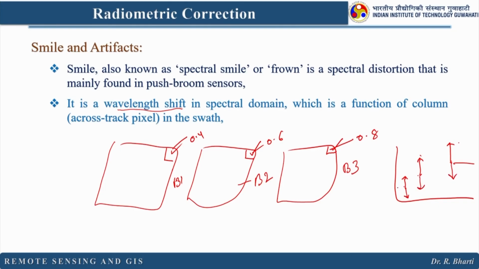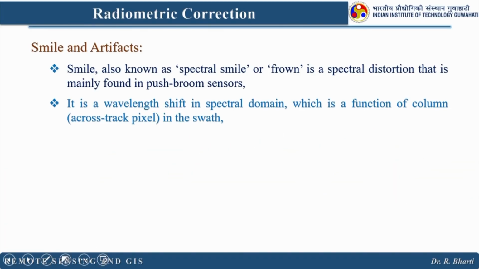So if suppose we are going to study one absorption feature here, based on the values we will identify whether it is a peak or trough, and if it is a trough, that means essentially it is the X object. But if you have this wavelength shift problem, what will happen? You will identify some other material instead of the actual material, right.